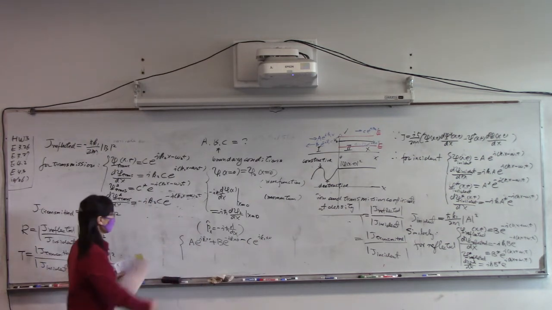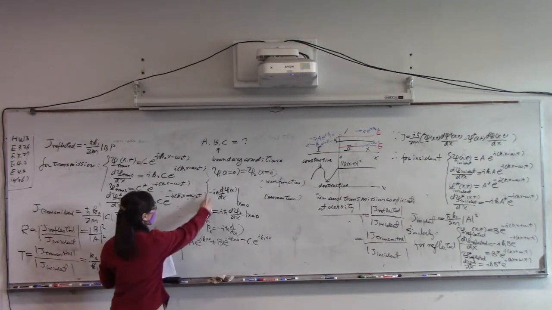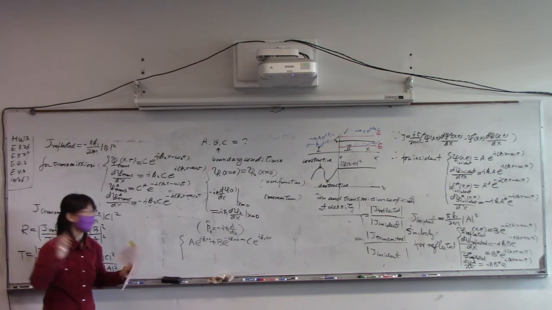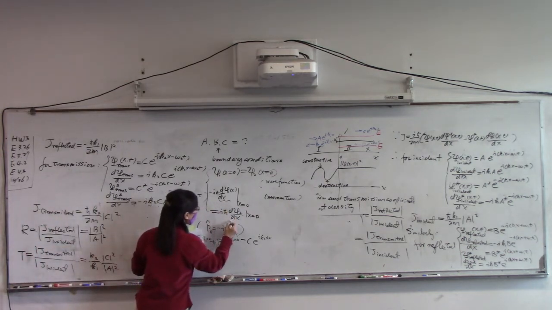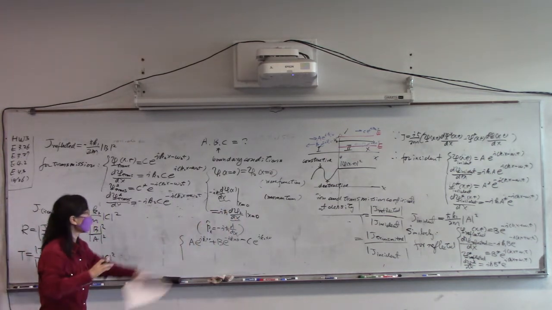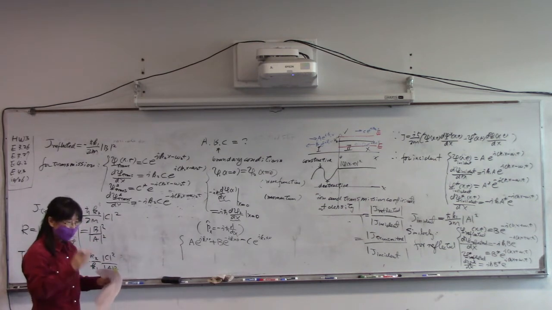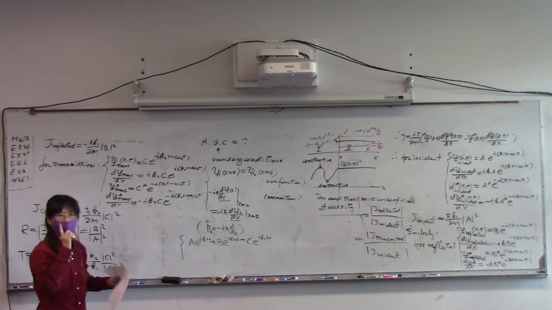That is the first one. Then you do the derivative. Since the minus i h bar cancels, only this part equals this part. So next time you don't need this i h bar. You just consider the boundary conditions: the wave function is continuous and its first order derivative is also continuous.